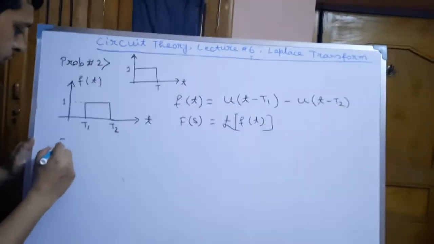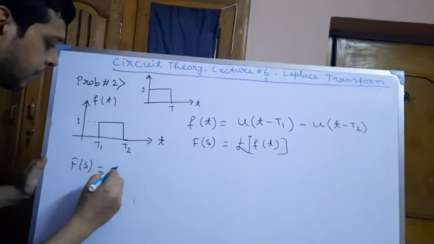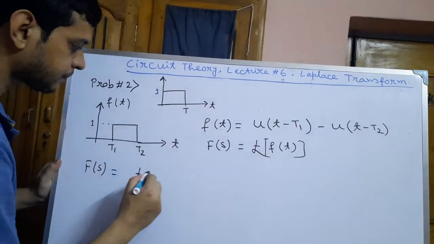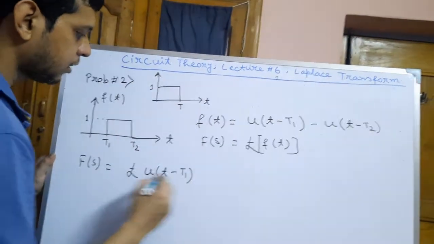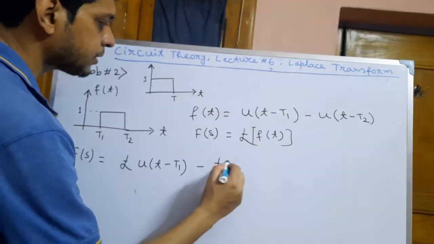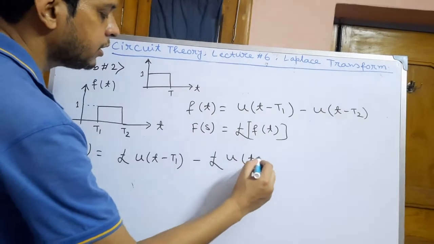So F(s) equal to the Laplace transform of u(t minus t1) minus the Laplace transform of u(t minus t2).